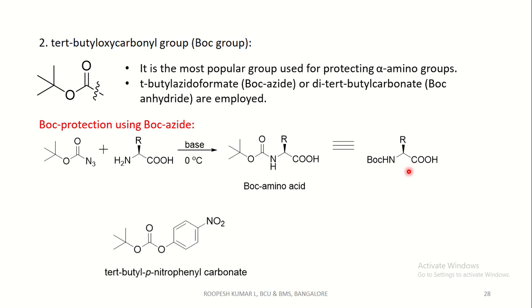And here sometimes tertiary butyl para-nitrophenyl carbonate is also used instead of Boc azide as a protecting group. And even as I said, ditertiary butyl dicarbonate is also used, just because this azide group is generally sometimes mildly explosive. So instead of Boc azide, nowadays ditertiary butyl dicarbonate is employed for the protection of N group.